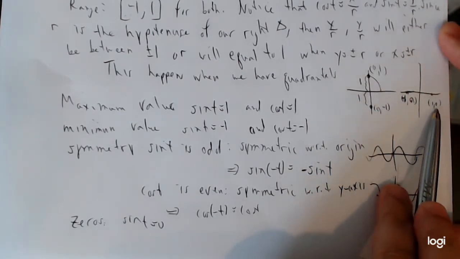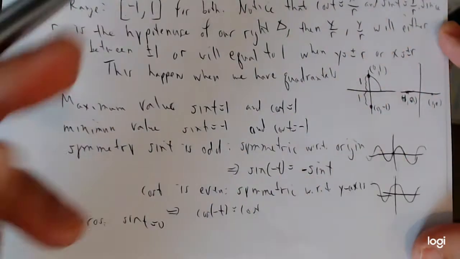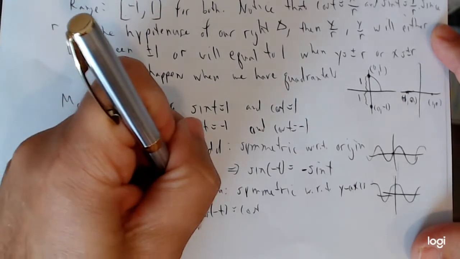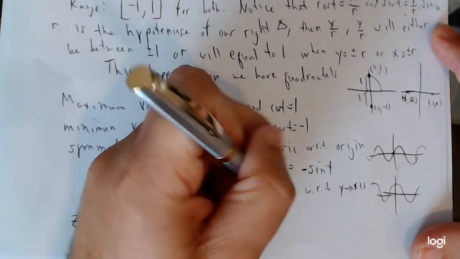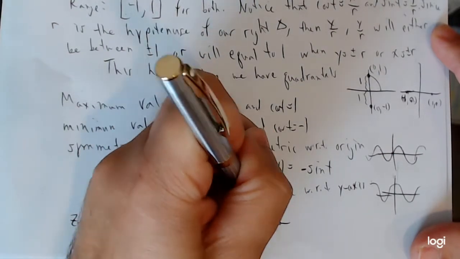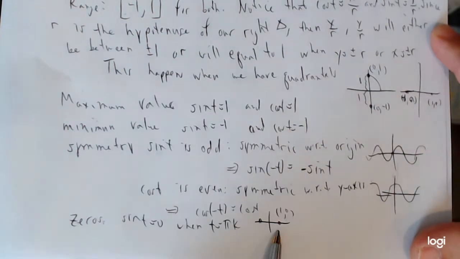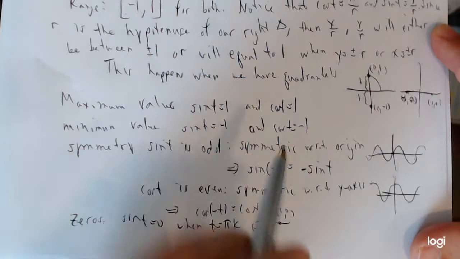So notice how sine is 0 at 0, pi, 2 pi, 3 pi. So we would say sine of t is 0 when t equals pi k. In other words, we want to land here or here, because this point has coordinates 1, 0 and this point has coordinates negative 1, 0.